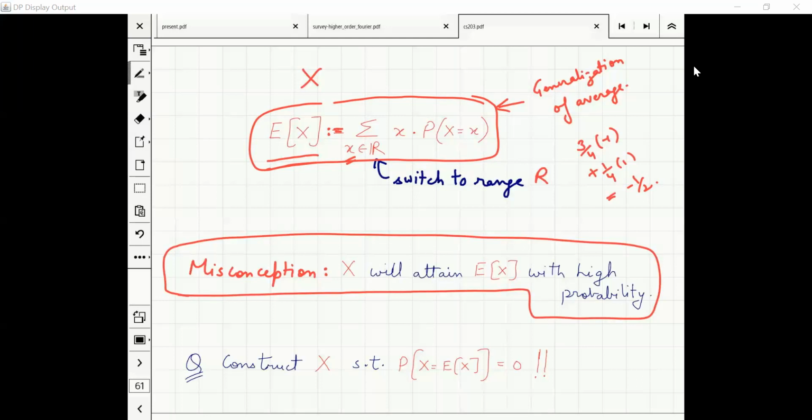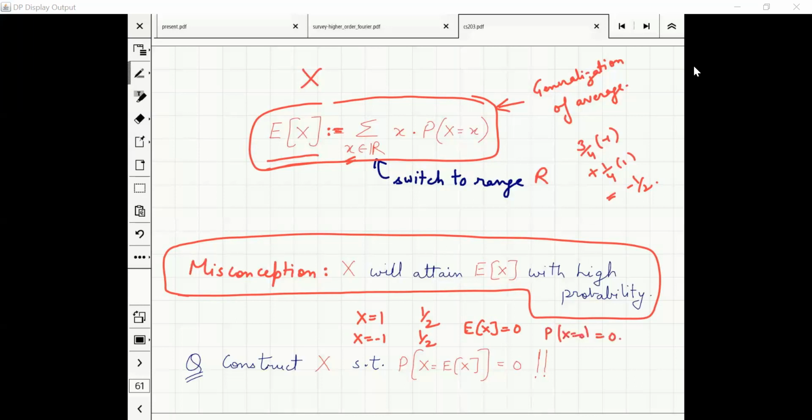Sir, the previous example. Exactly, right? If my X is equal to 1 with probability half, X is equal to minus 1 with probability half, what is the expectation? 0, right? And then what is the probability that X is equal to 0?